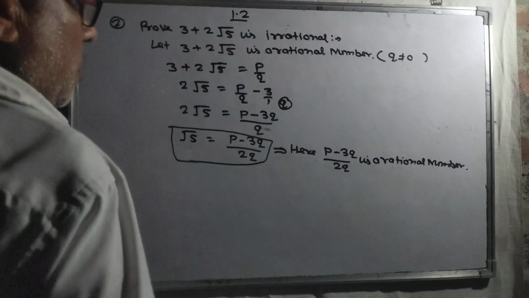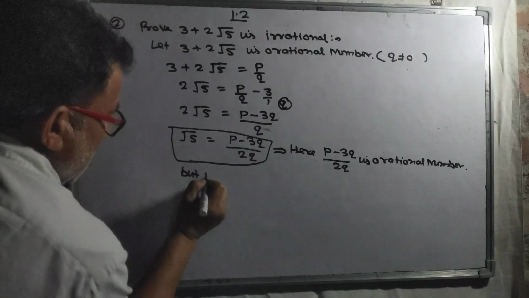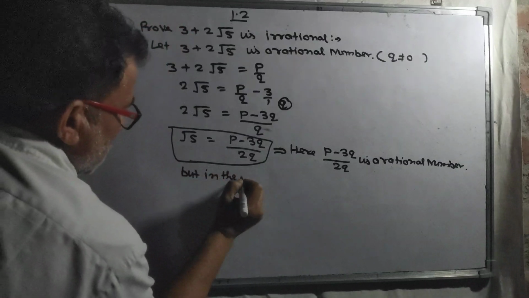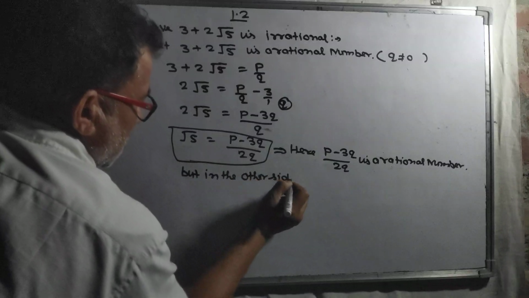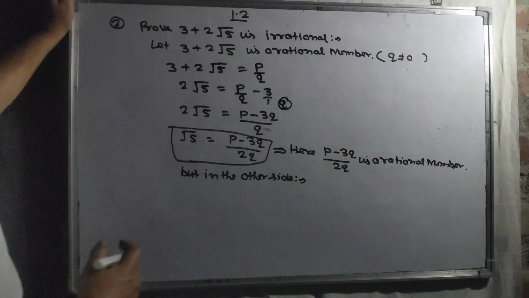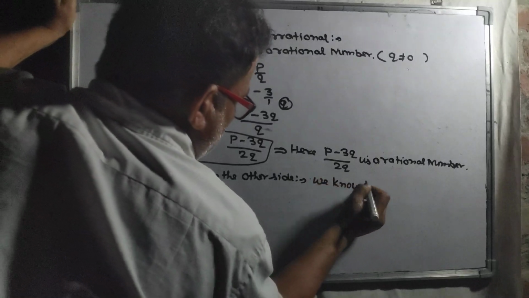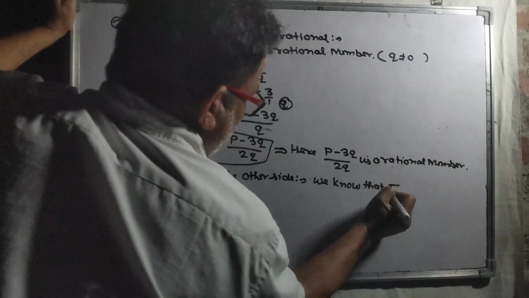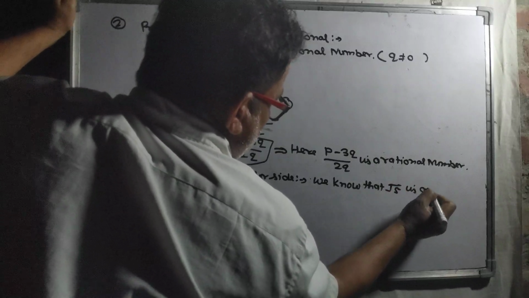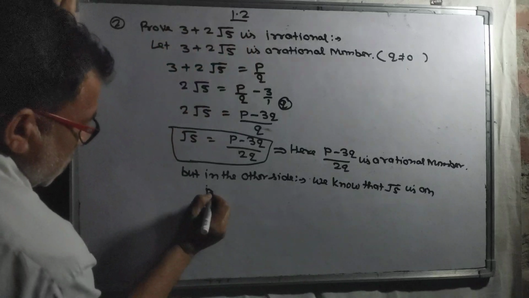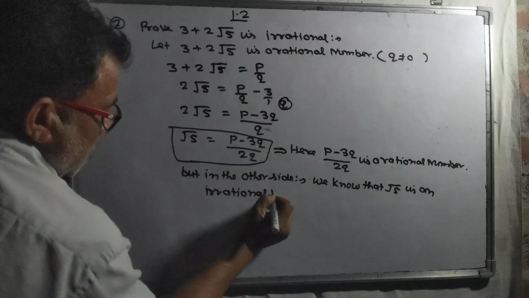Because it is in the form of p by q. But on the other side, we know that root 5 is an irrational number.